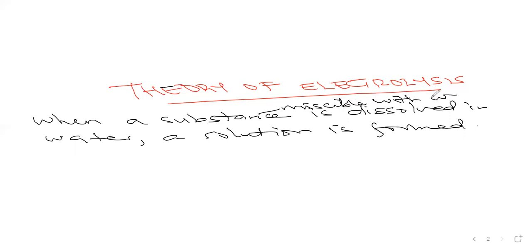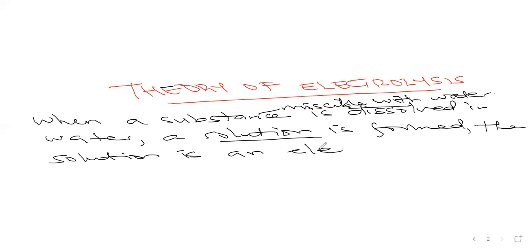Any substance miscible with water, when dissolved in water, a solution gets formed. If that substance conducts electricity in solution, then the solution of that substance is an electrolyte.